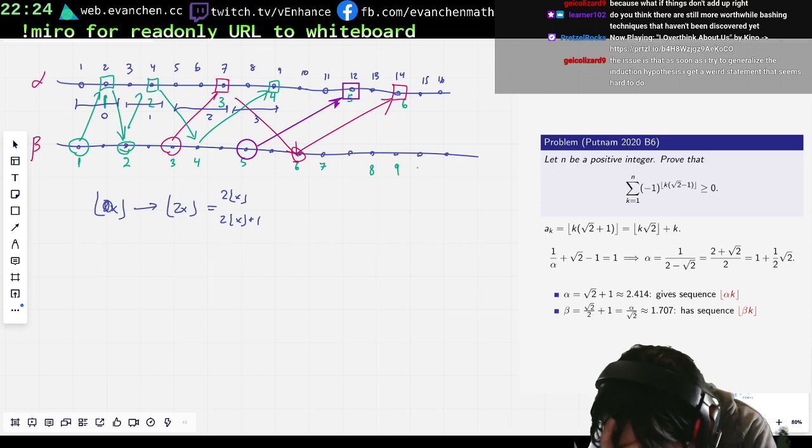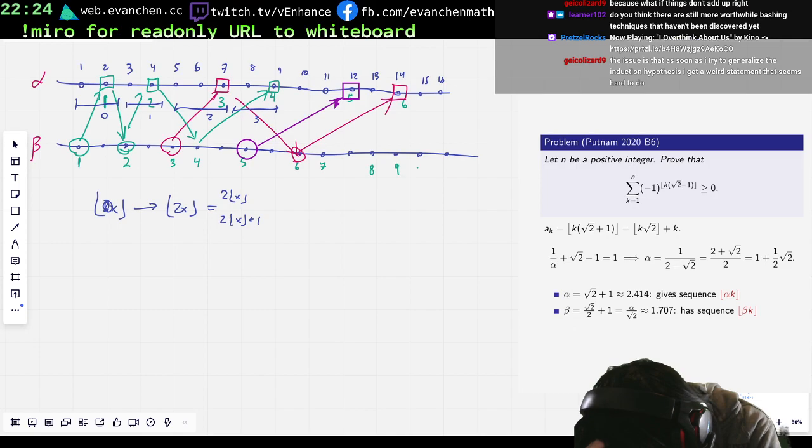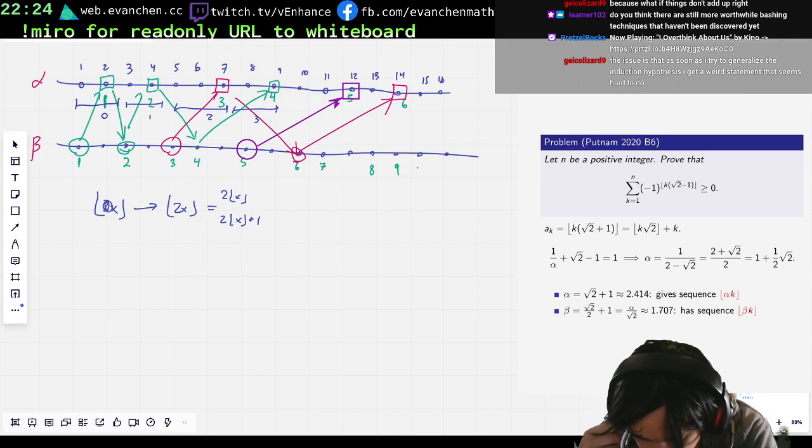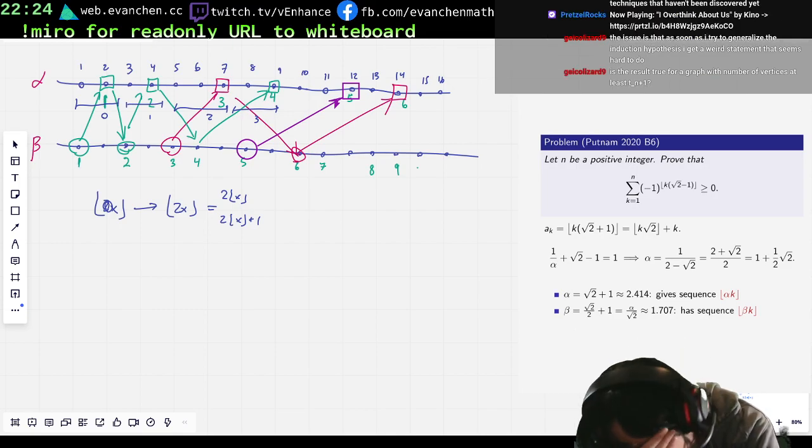Okay, let me actually think about this. So when I follow a chain, it feels like the parity of the next node in either line doesn't really depend on the previous number in some sense.